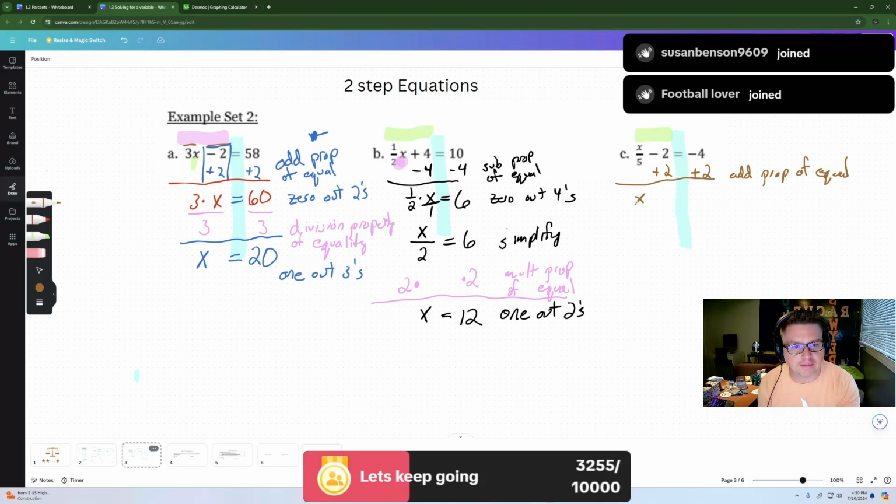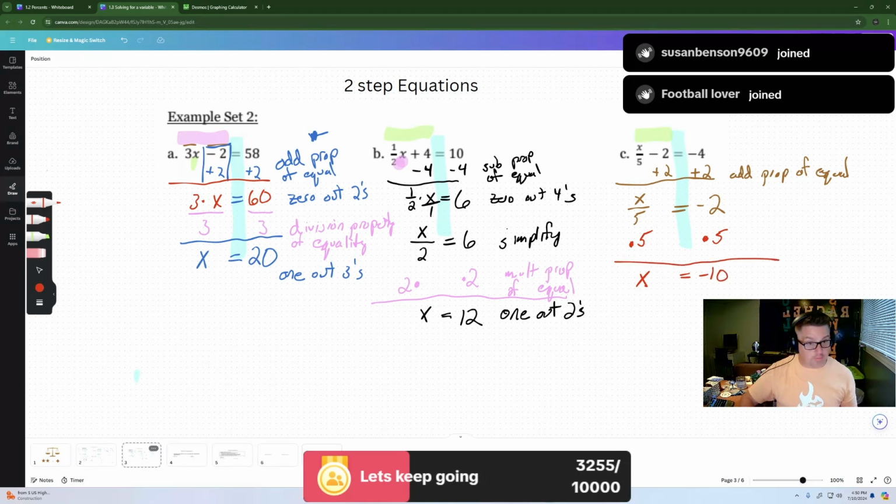And we're going to get x divided by 5 equals -2. So x divided by 5, your brain's already telling you, multiply by 5. And you're going to get x equals -10.